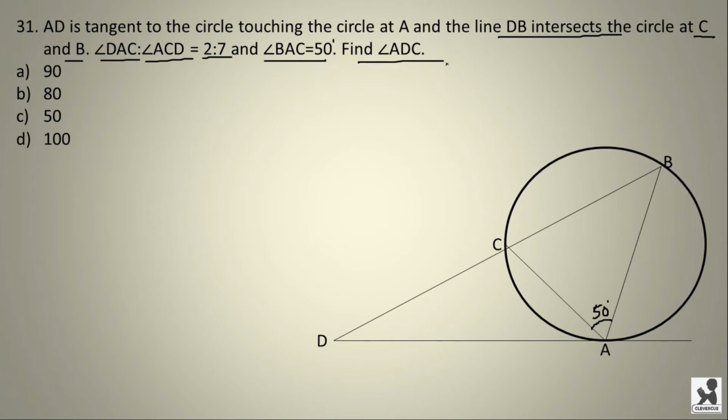Find angle ADC. Let us name this angle as theta. Angle DAC and angle ACD are in the ratio 2 is to 7. So if this is 2x, this will be 7x.